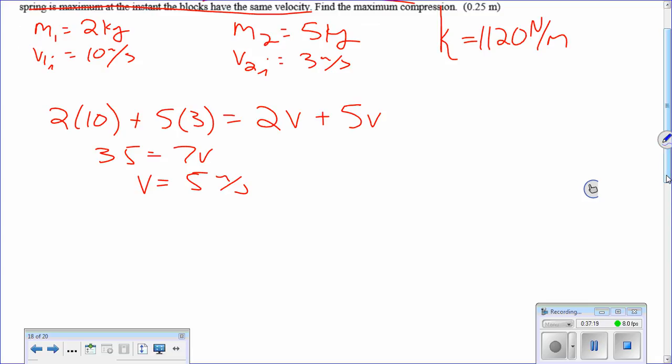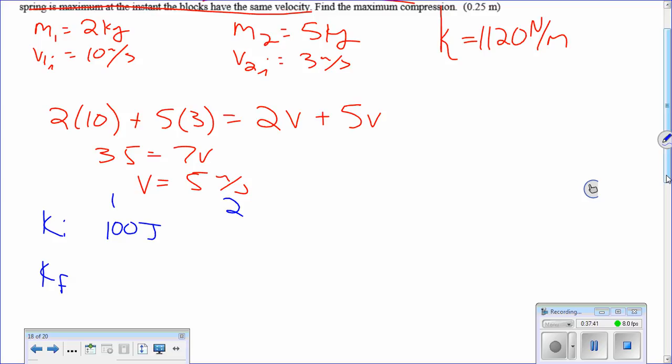So kinetic energy, block 1, block 2, initial, final. The kinetic energy of block 1 initially is going to be half of 2 times 10 squared. That's going to be 100 joules. Block 2 is going to be 9 times 2.5, what, 24.5?